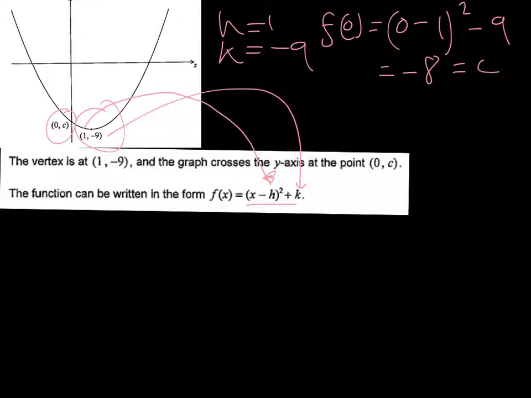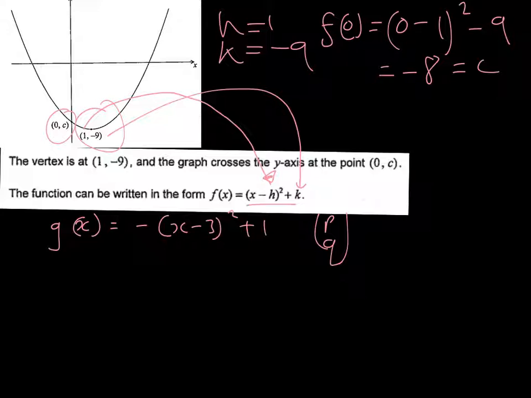We're told then in part C that there's a second function, g of x, such that g of x equals negative (x minus 3) squared plus 1. And we're told that the graph of g is obtained by a reflection of the graph of f in the x-axis, followed by a translation of (p, q), and we're asked to find the values of p and q.